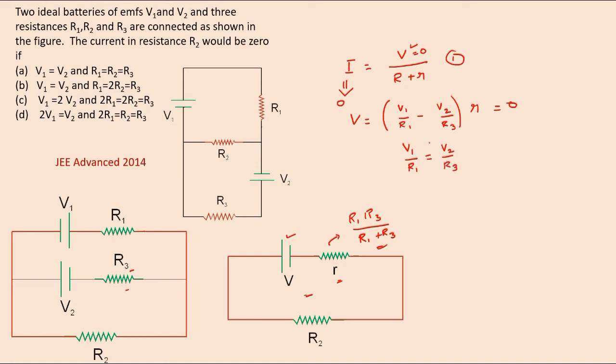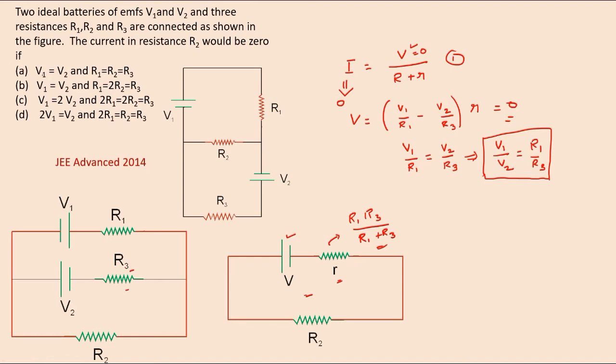It doesn't really matter whether V1 is greater than V2 or V2 greater than V1, because we are equating this to 0. You rearrange this: V1 by V2 is equal to R1 by R3. See, this is now the condition for no current through R2.